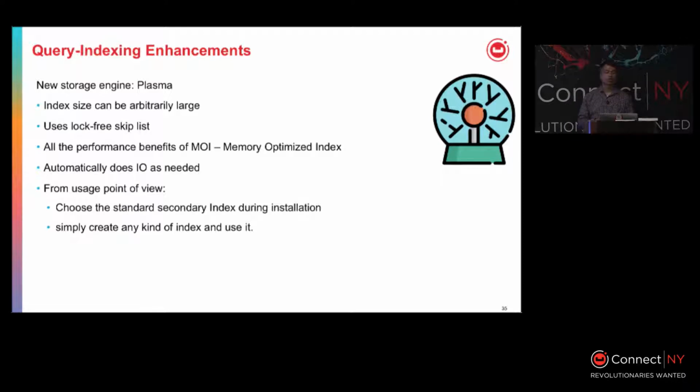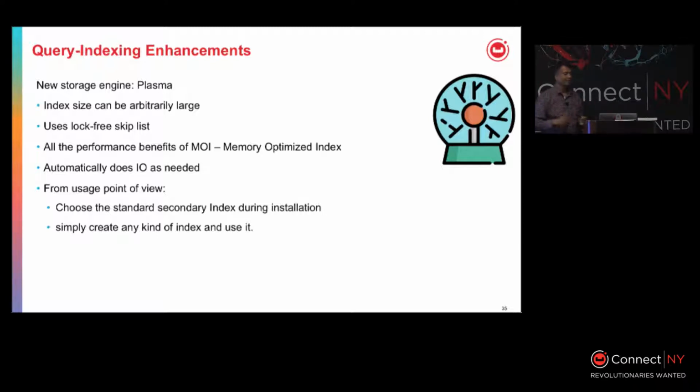Indexing has introduced a new storage engine called Plasma. Basically, this is the memory optimized index that can go beyond the size of your memory. If your memory can only hold up to, let's say, 32 gigs, and your single index happens to be 100 gigabytes, that's no problem.